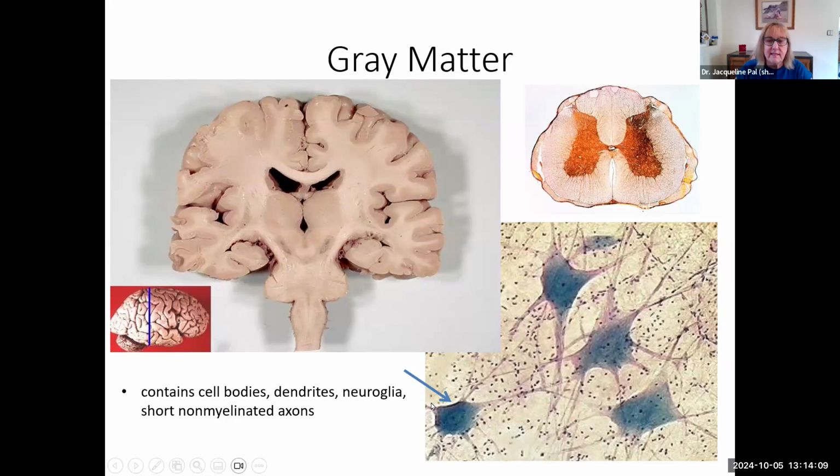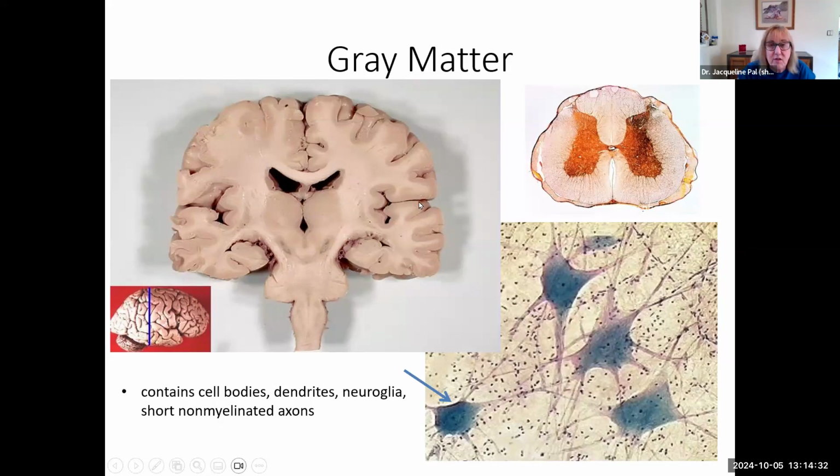And because it contains the cell bodies, yes, it's also going to contain dendrites. It's also going to contain neuroglial cells. And it's also going to contain some very short non-myelinated axons. In other words, axons that don't have myelin on them. Okay. So that's what the gray matter is.